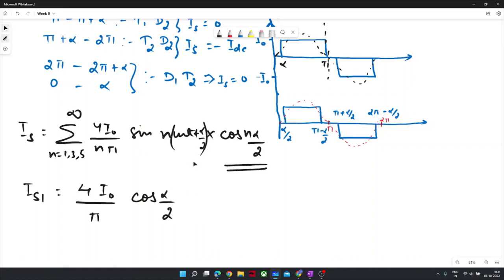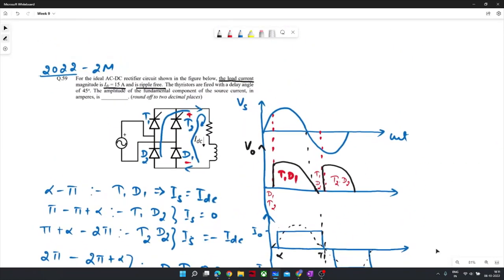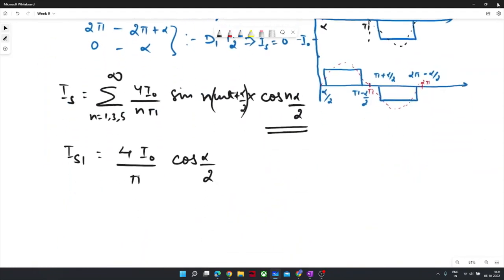We only need the magnitude since we can see the problem here. This I naught is given as 15 ampere and alpha is given as 45 degree. So we just need to compute the amplitude of the fundamental component of the source current.